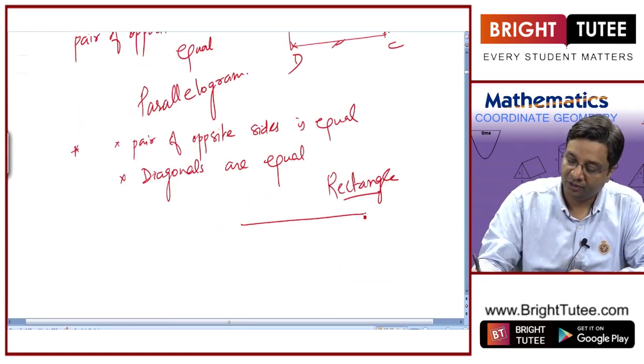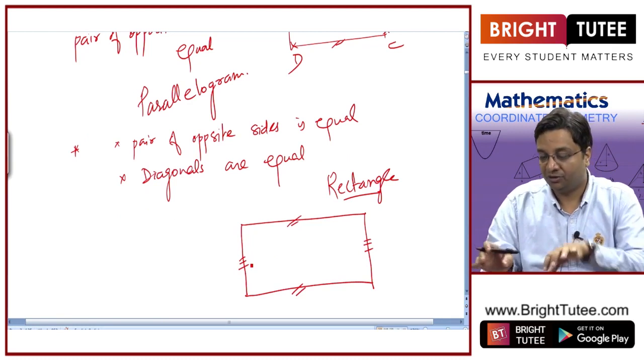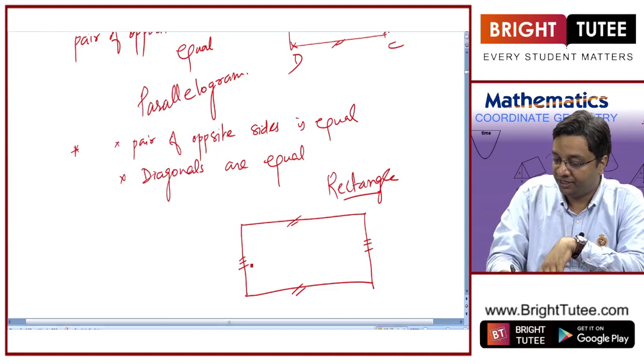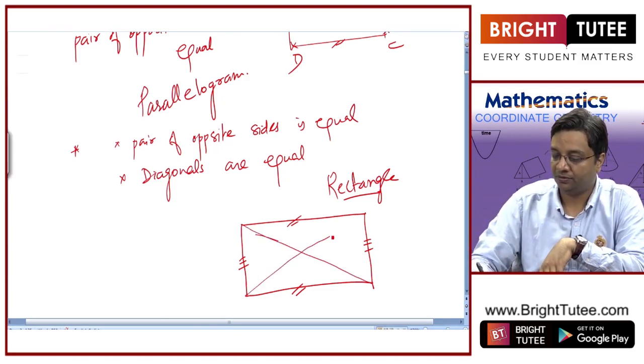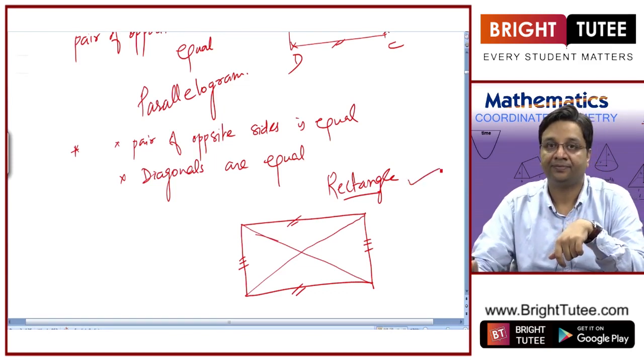In a rectangle the opposite sides are equal, right? And this much was sufficient to prove a quadrilateral as a parallelogram, right? But now if I can prove that these diagonals are also equal, this diagonal is equal to this diagonal, then this will surely be a rectangle, right?